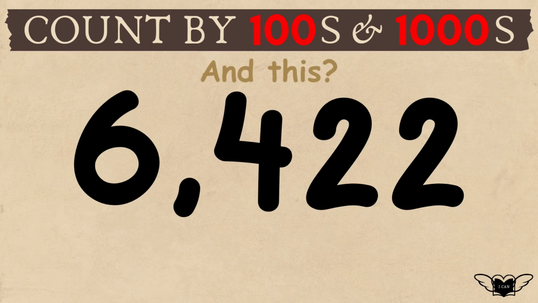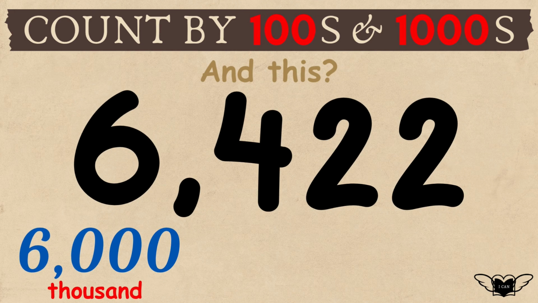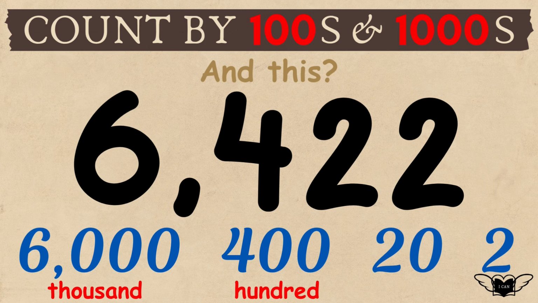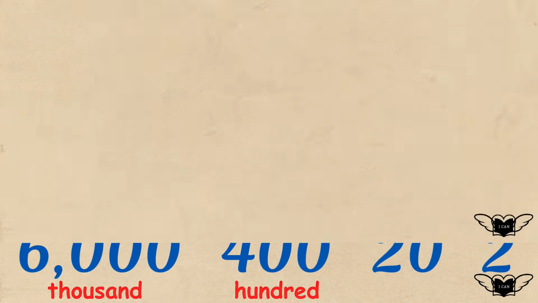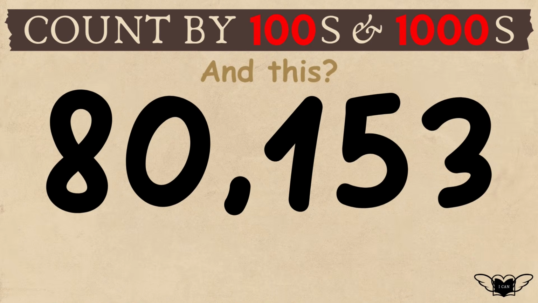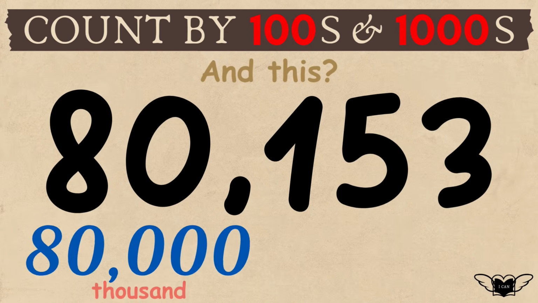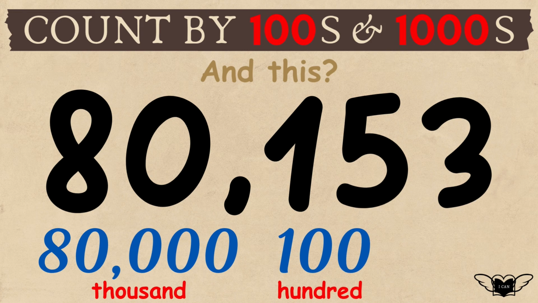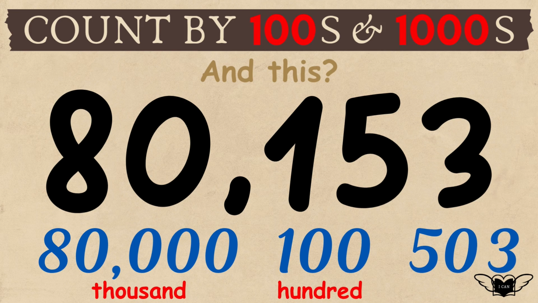And this? 6,000. 400. 20. 2. 6,422. And this? 80,000. 100. 50. 3. 80,153.